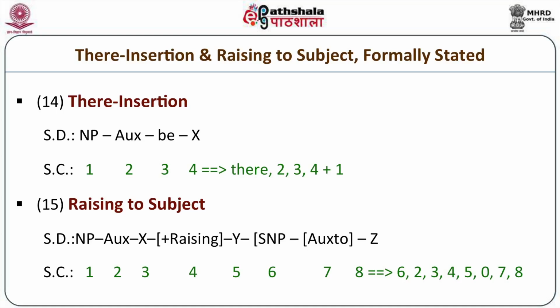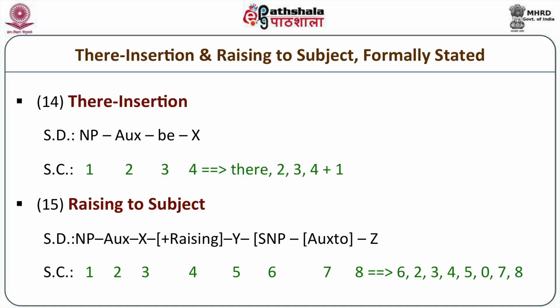We show that by showing a labeled bracket with the S label on the left bracket, followed by the auxiliary to, not the preposition to, that's why we mark it as an auxiliary, followed by another variable. That gives you 8 factors.